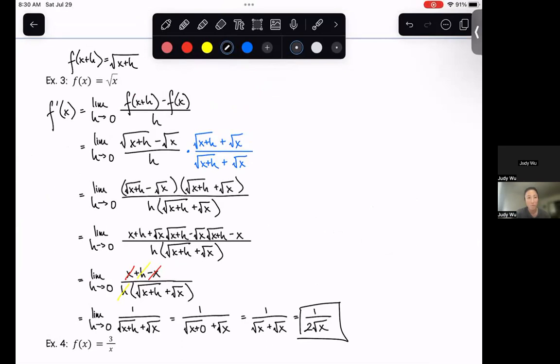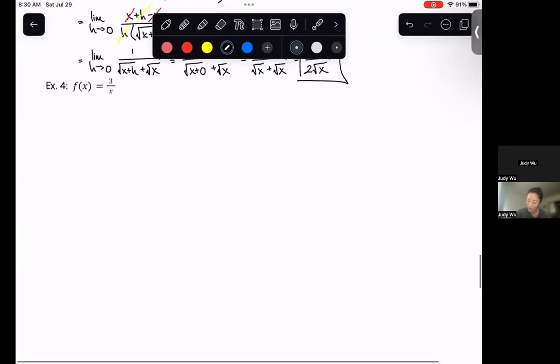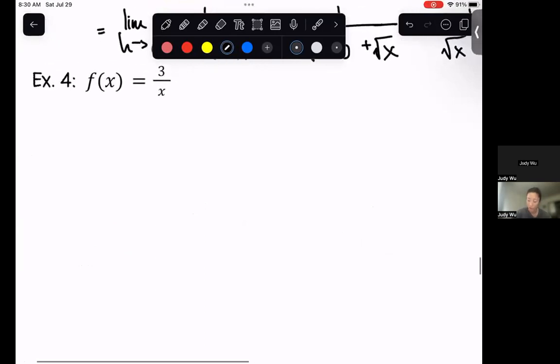All right, we're going to do one more example in this video, and that is going to be taking a look at an example where we have a rational function, okay? So another important family of functions. Now we have 3 over x instead of just something like 3x.